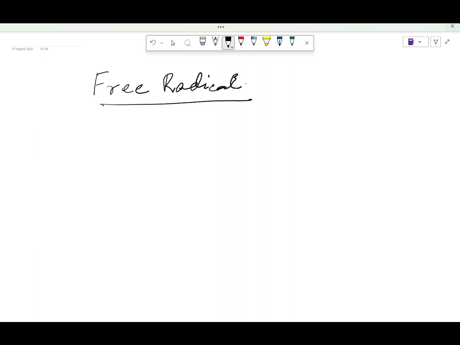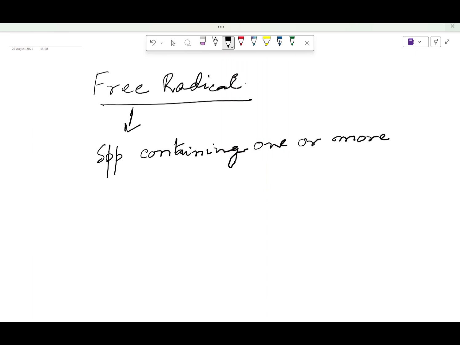Now here, a free radical, or the radical, may be defined as a species containing one or more unpaired electrons.